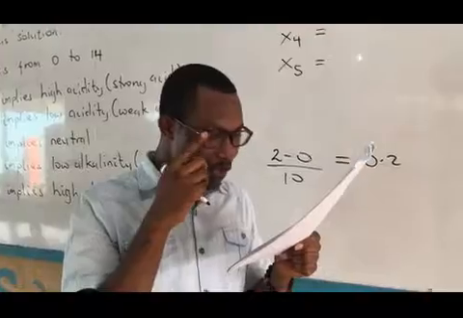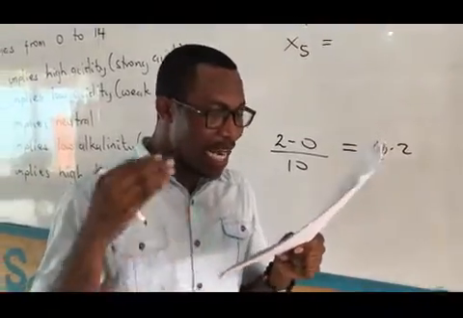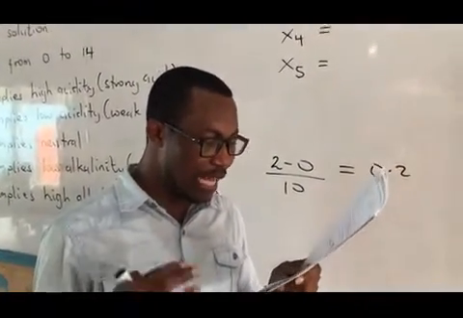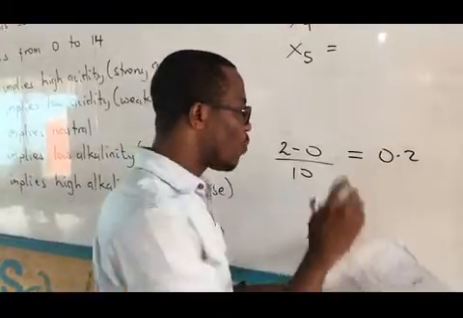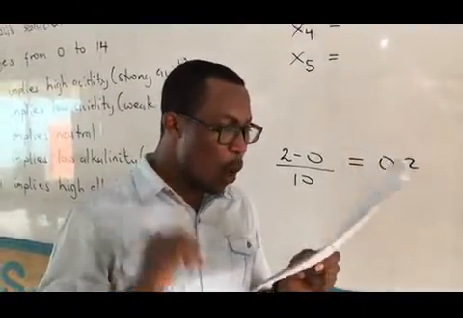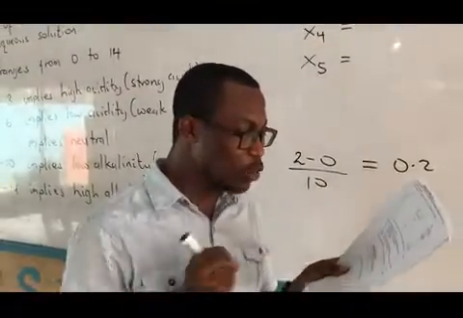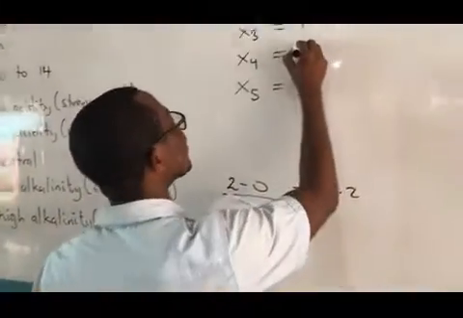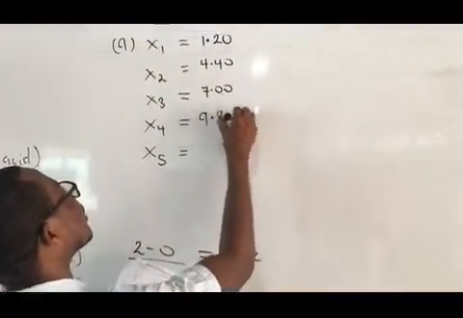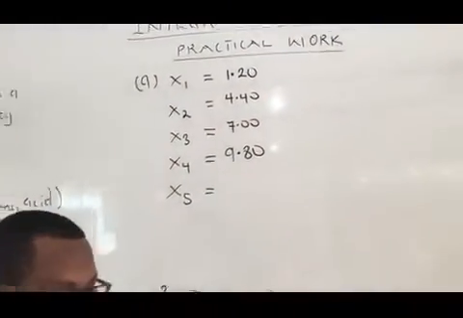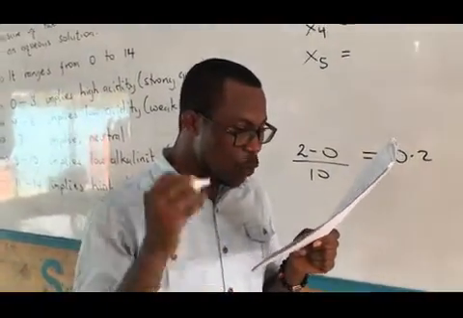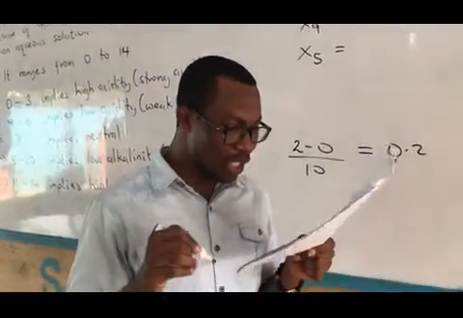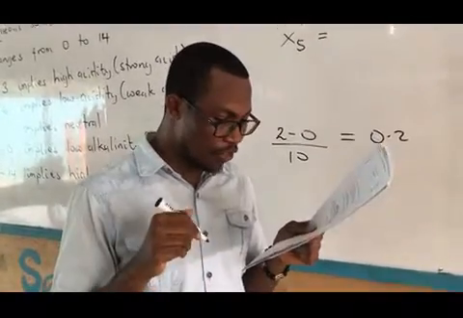And then the x4 is pointing to the 9th division after 8. If you multiply 9 times 0.2, that will give you 1.8. If you add 1.8 to the 8, that will give you 9.8. And then finally, the x5 is also pointing to the 9th division after 12.